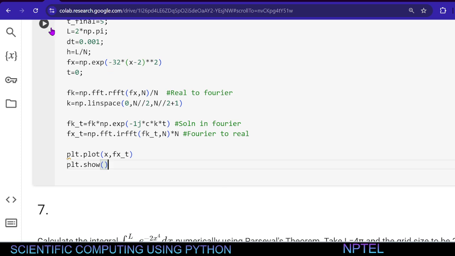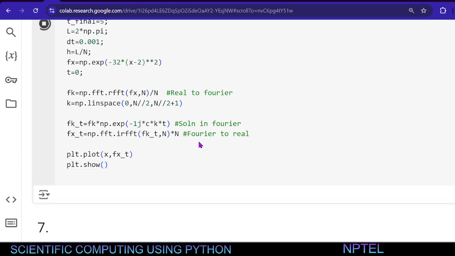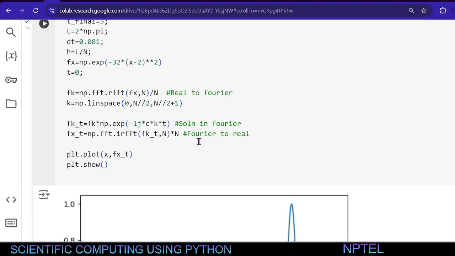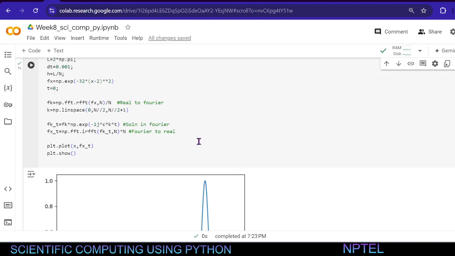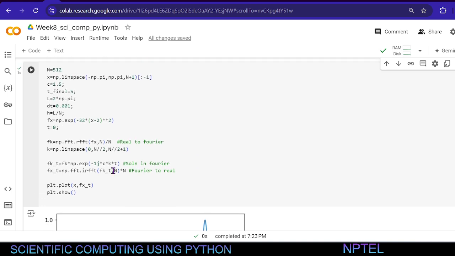Let's just see what the solution looks like. Here it's peaked at 0. For this, it should be t final. t was 0, so it did not do anything. Yeah, now let's run this.